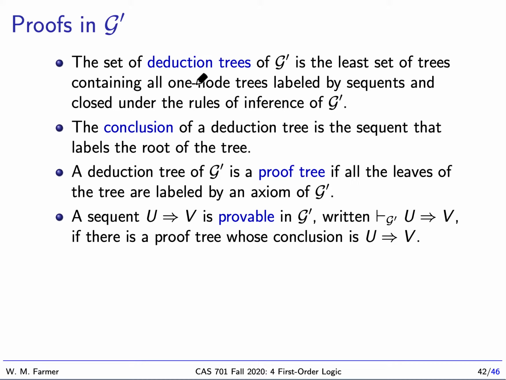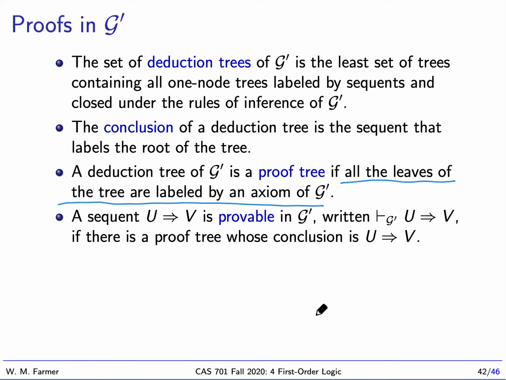Okay, so we have a notion of deduction trees, just like for G. This is going to be the least set of trees that we get from taking one-node trees that are labeled by sequents and then closing up this set using the rules of inference we have. And the conclusion of a deduction tree is just the sequent that labels the root. And we say a deduction tree is a proof tree if all the leaves of the tree are labeled by an axiom.